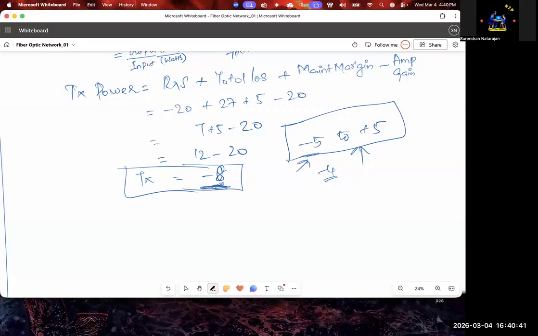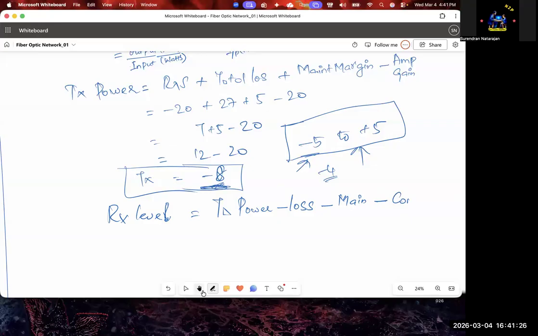If you want to find out, the Rx power, the Rx level: what is the Rx level if we transmit? There is a formula for it. That is Tx power minus loss, correct? Minus maintenance margin, minus connector loss.